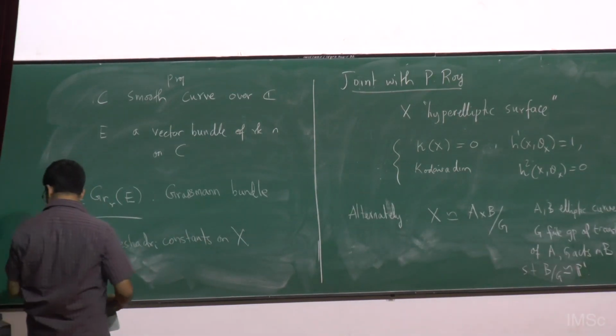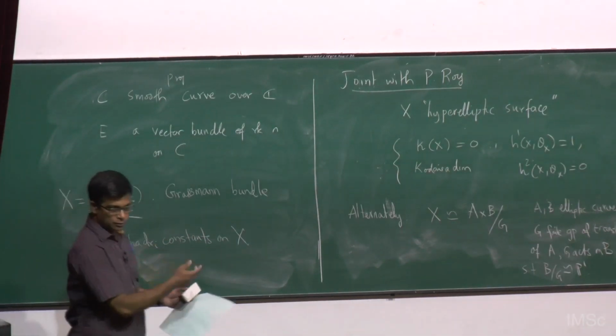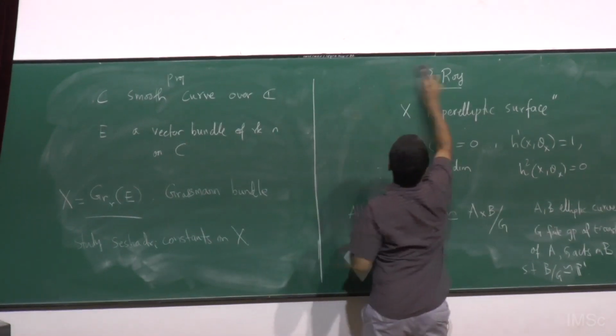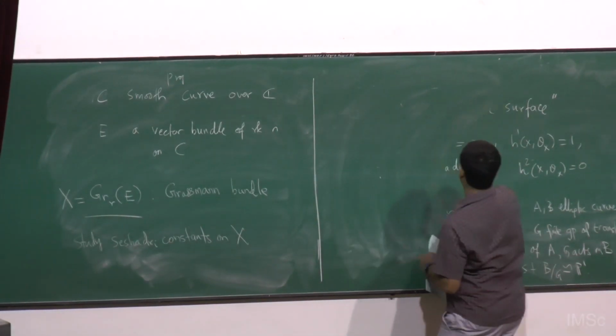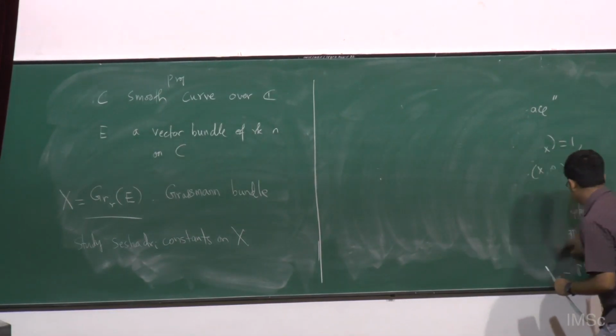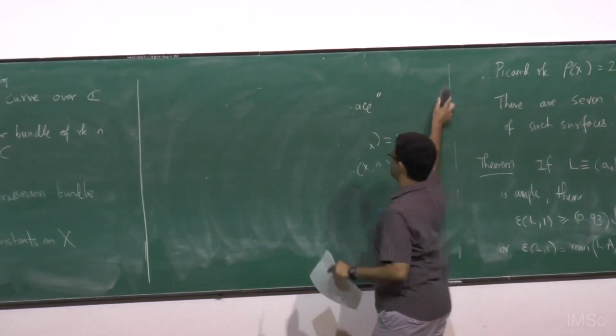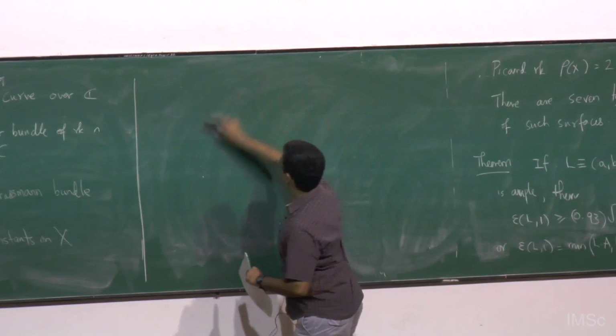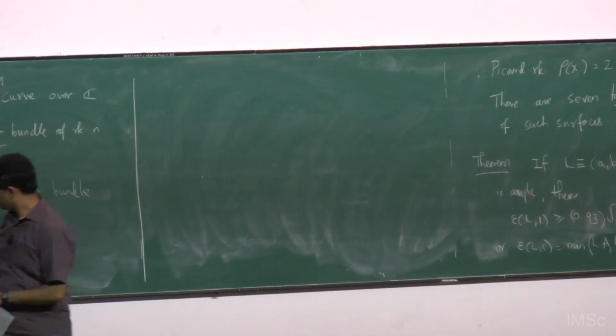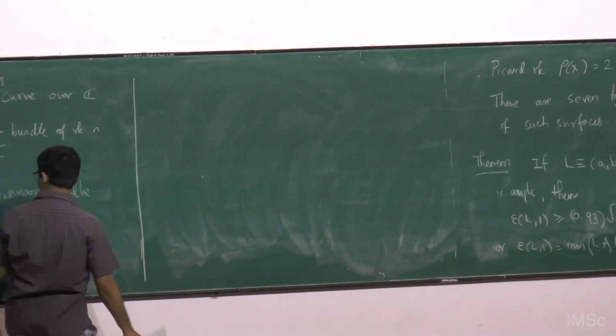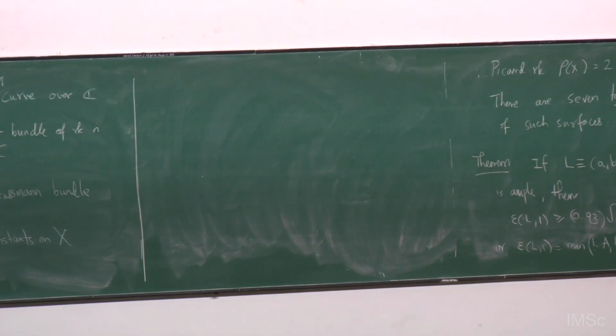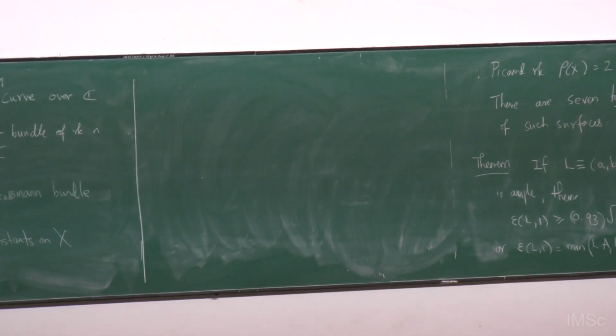So whatever we prove should cover those results that people know for ruled surfaces. So ruled surface is a special case of this situation.